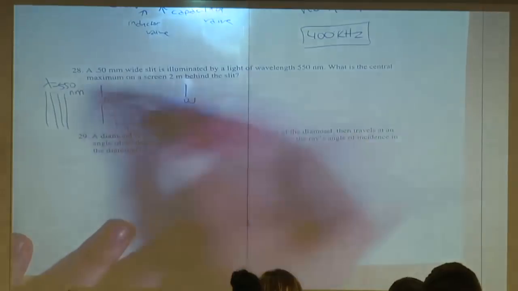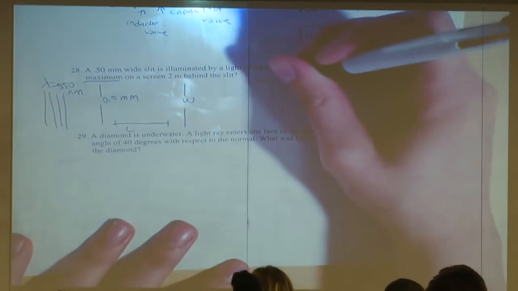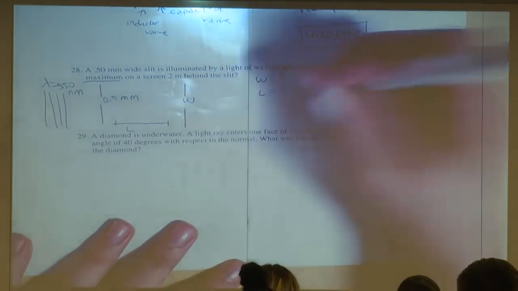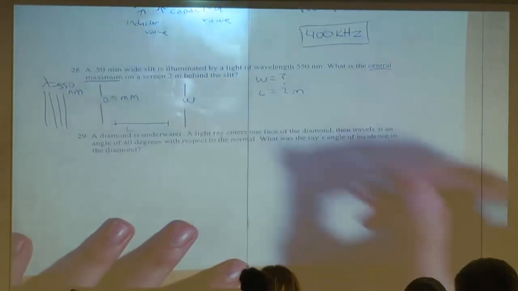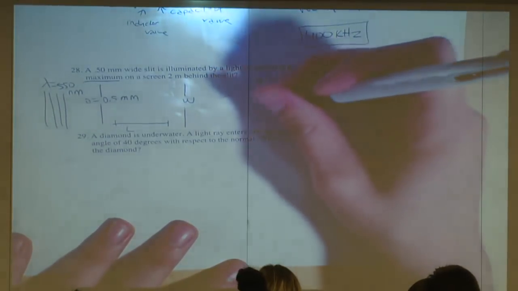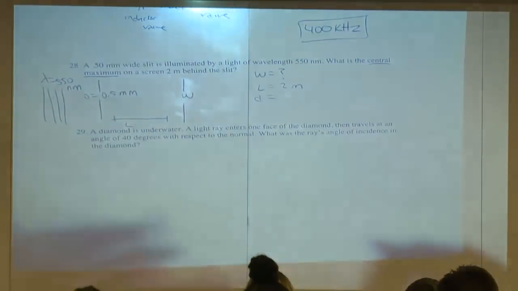So it wants to know what the central maximum is. W equals question mark. We know that L is 2 meters, and this should be A in the equation. I'll write the equation, one second. This is A, because that's the width of the slit.